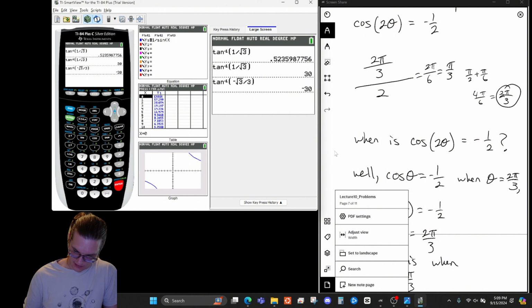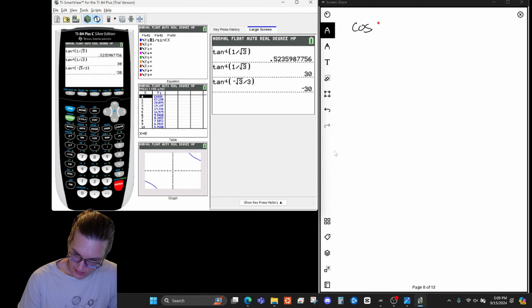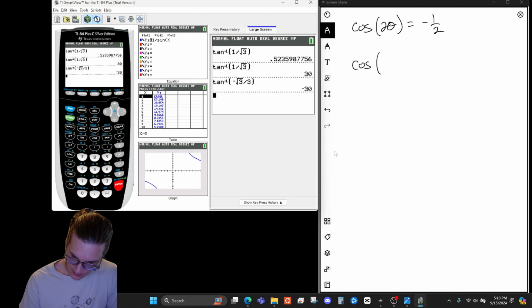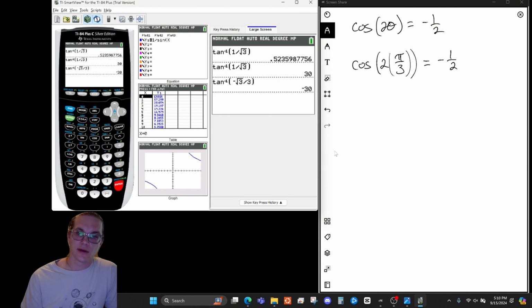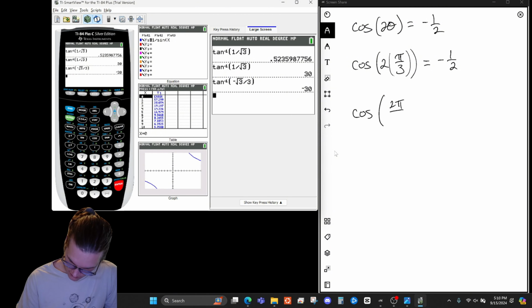Let me add a page here. So cosine of 2 theta equals minus 1/2: cosine of 2 times pi over 3 equals minus 1/2. Right, this is my check. Cosine of 2 pi over 3 equals minus 1/2 right here, right?